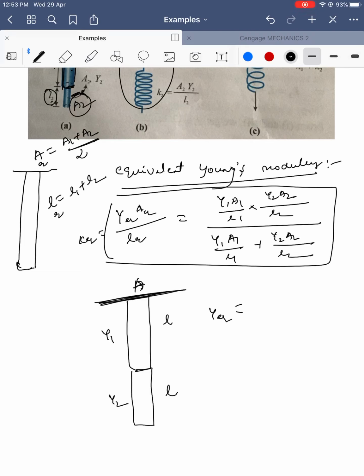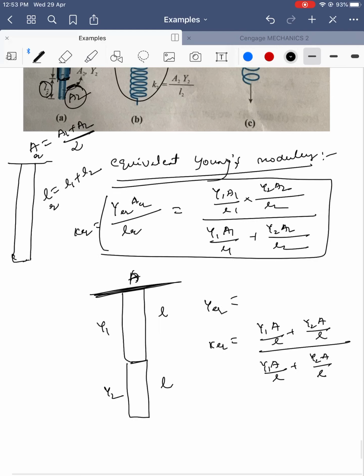To get Y equivalent, first we get K equivalent. K equivalent is equal to Y1 A by L into Y2 A by L, divided by Y1 A by L plus Y2 A by L. I'm sorry, it's multiplication in the numerator.